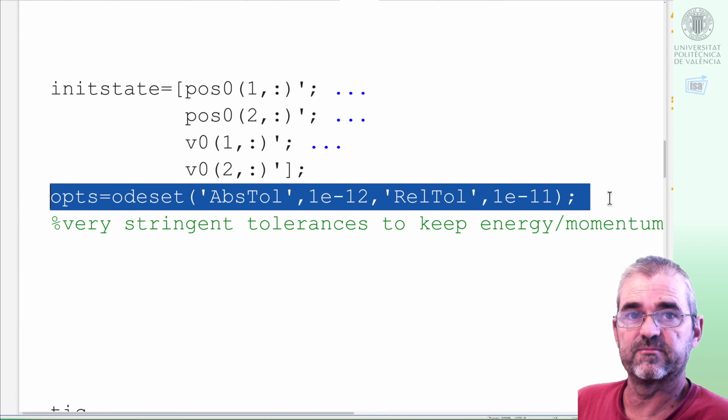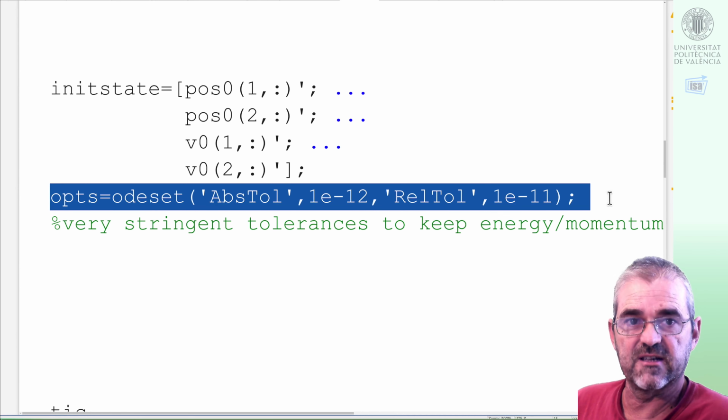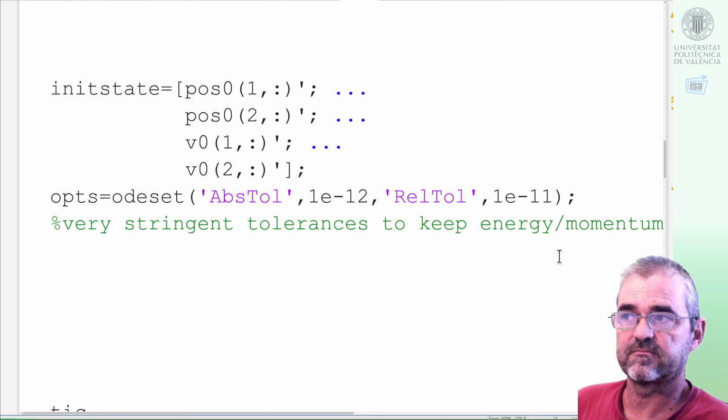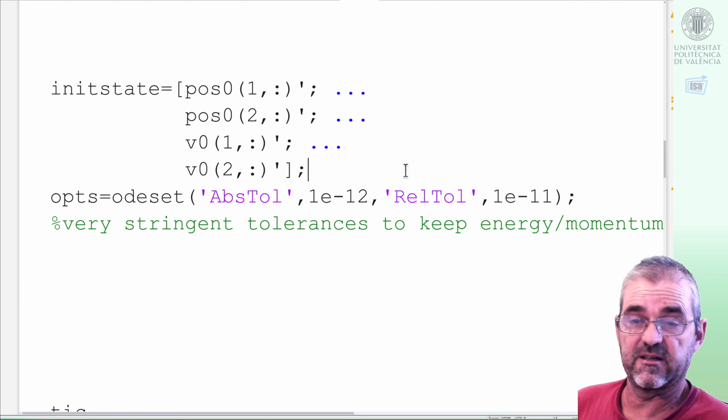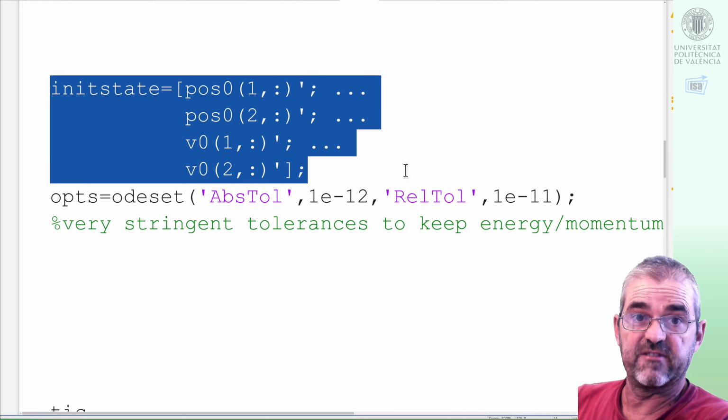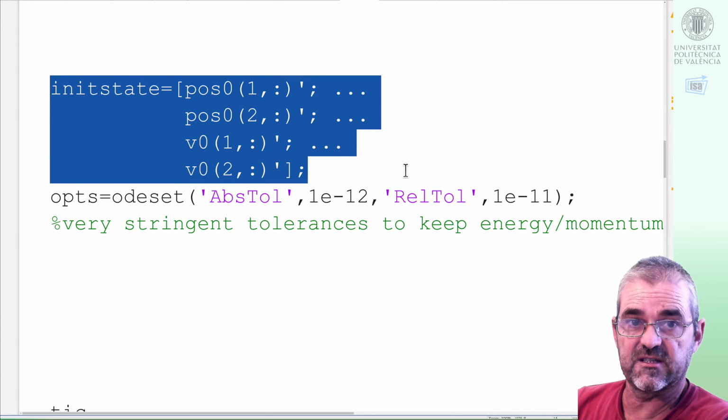So in order to at least conserve energy and momentum within sensible tolerances for a long time, we need stringent tolerance options. So I will set these ones. And the goal for numerical integration is, of course, simulating from a given initial state the time evolution of the state via a state equation that tells me the derivatives of this state.